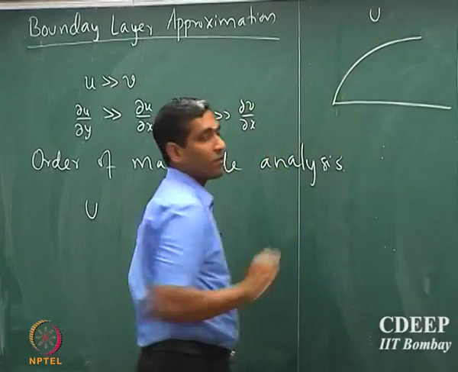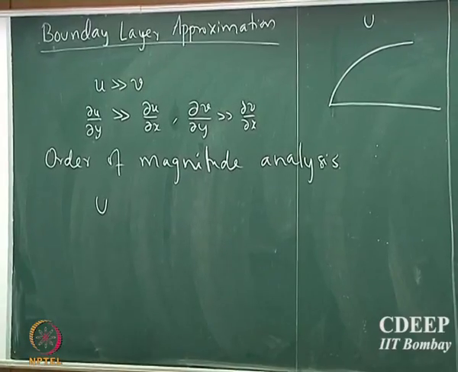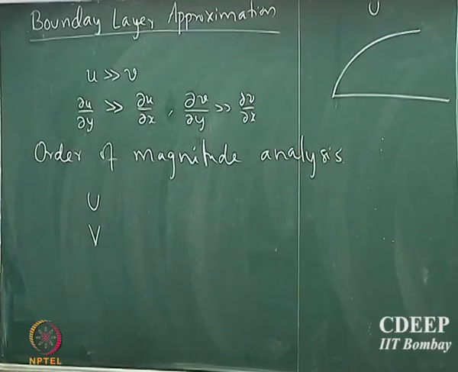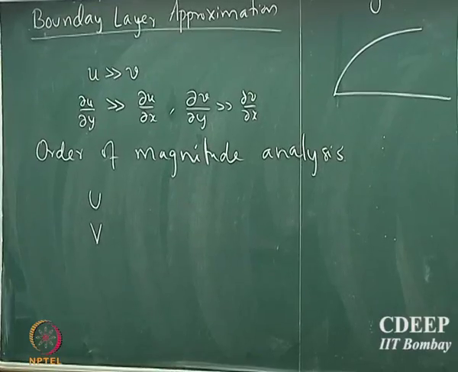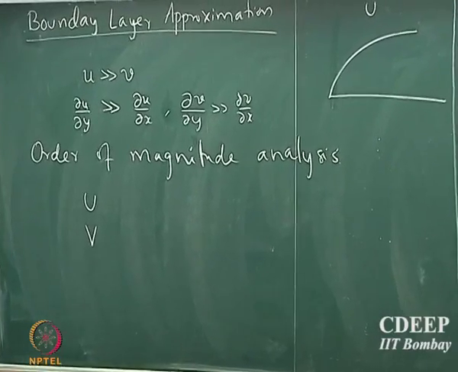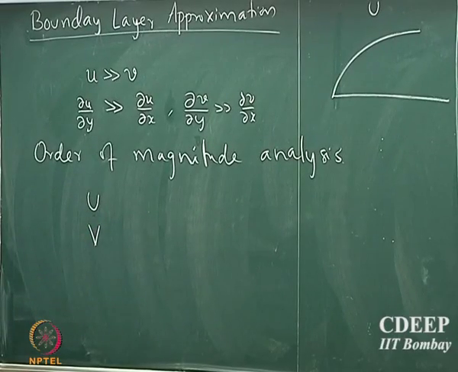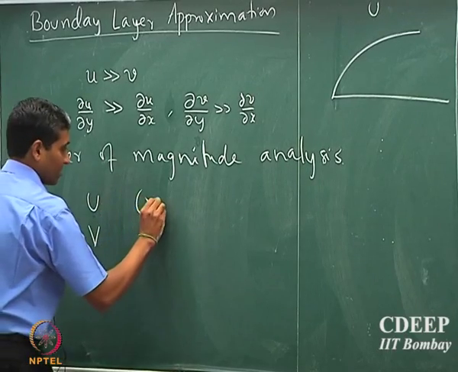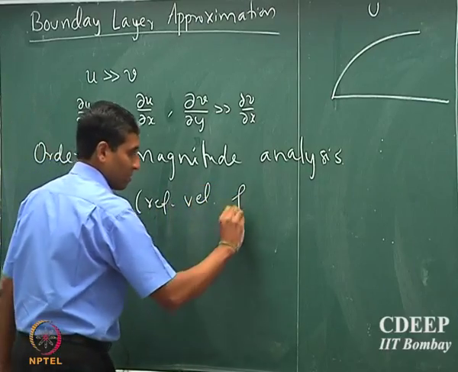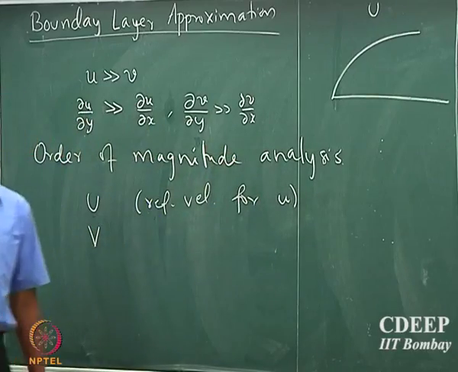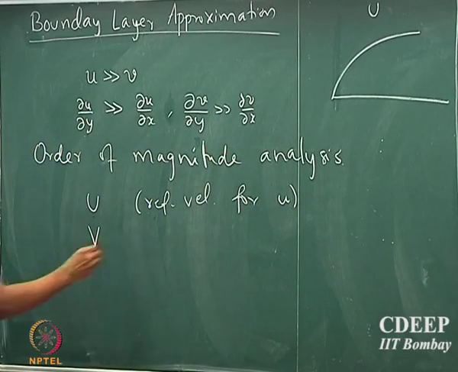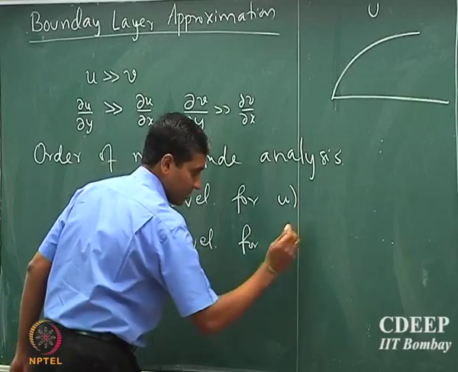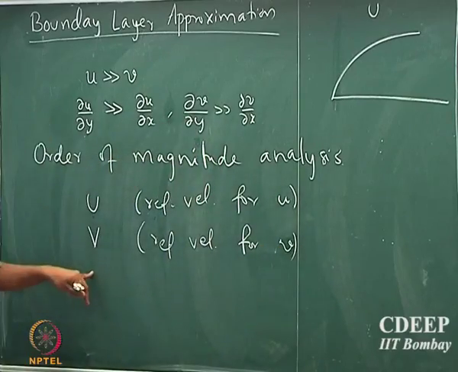And suppose we say that V is some representative velocity in the y direction. So u is the free stream reference velocity for the x component velocity, and V is the reference velocity for v. We still don't know what this capital V is.